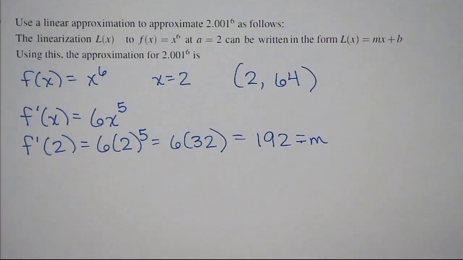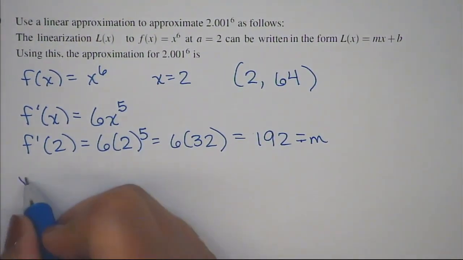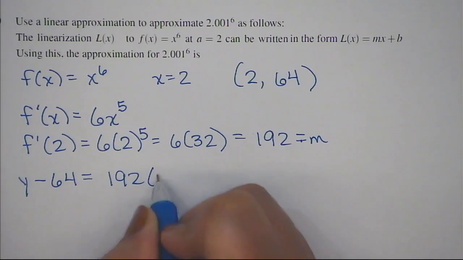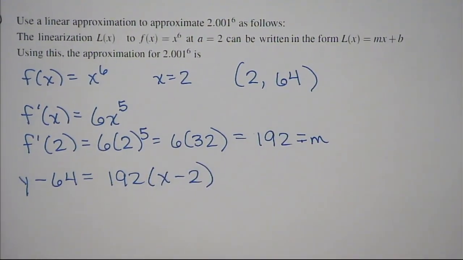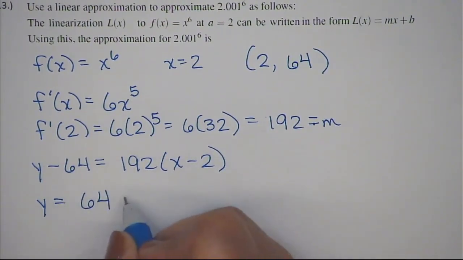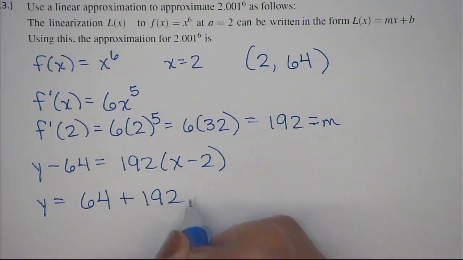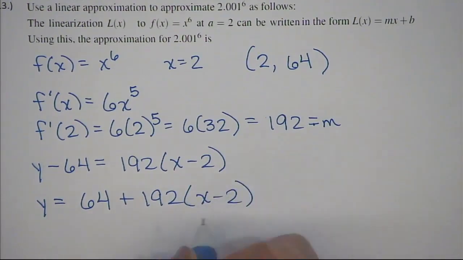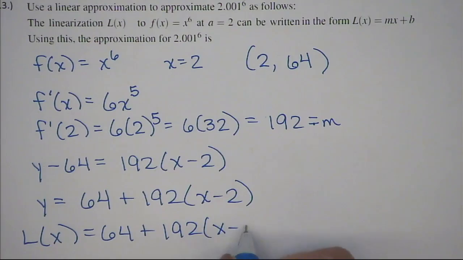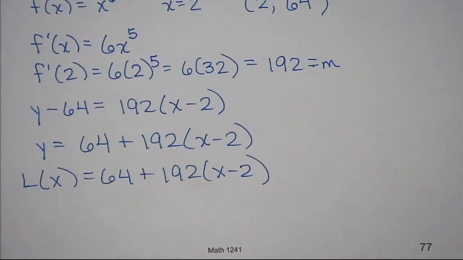That's why I know this is WebWorks. All right, so we have a point, we have a slope. So we're going to do y minus y1 equals m times x minus x1. Find our linearization, add the 64 over. All right, so there's our linearization.